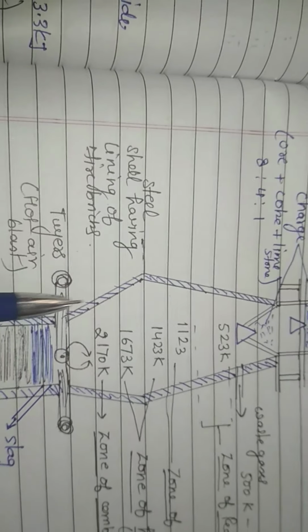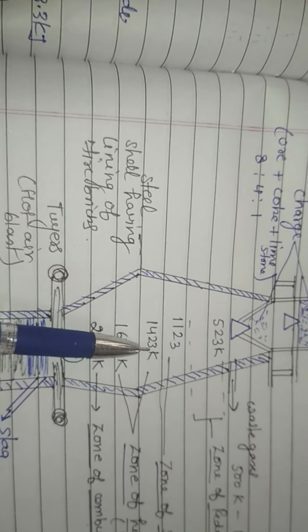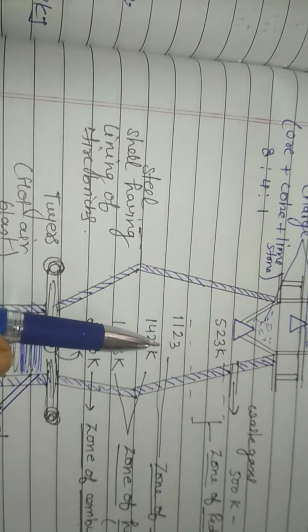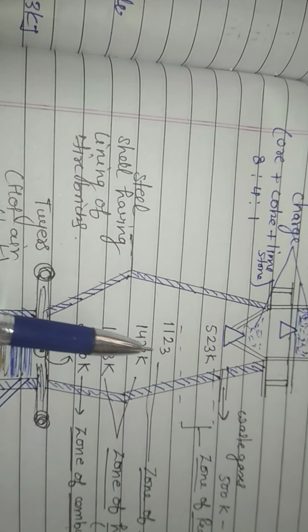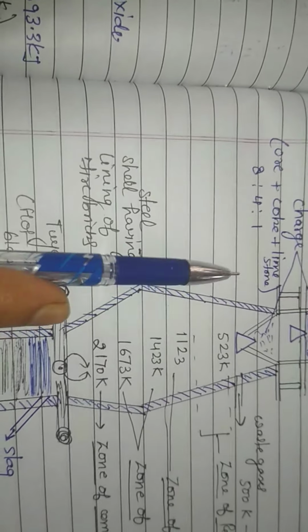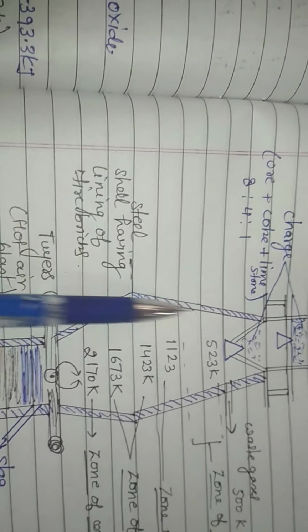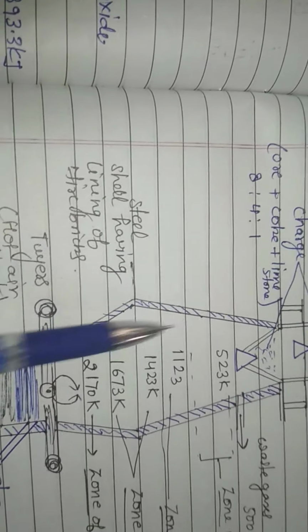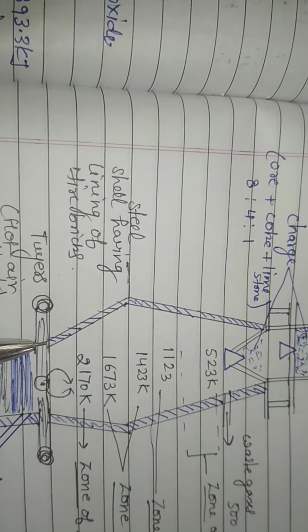Now the next is the shaft. It is formed by two cones. The upper one is called the body. It is having two cones, you may say. The first one is known as the body and the second one is known as the boss.